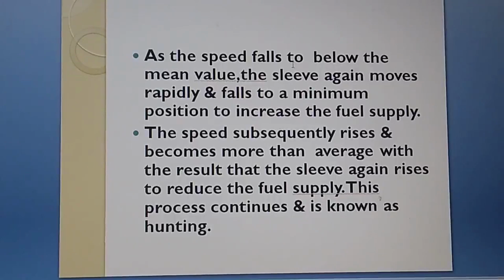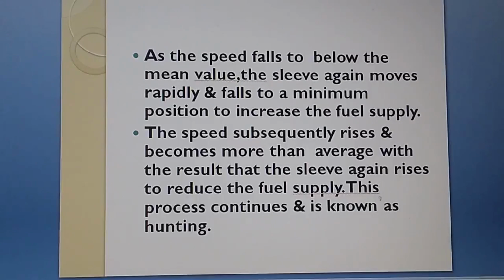So the speed subsequently rises and becomes more than the average value, with the result that the sleeve again rises to reduce the fuel supply. And this process continues. This is known as the hunting process in a governor.